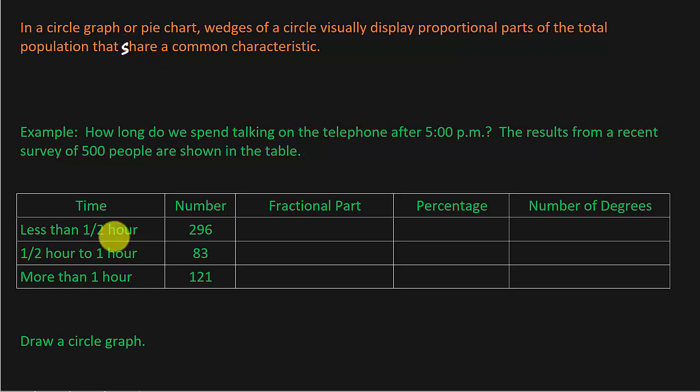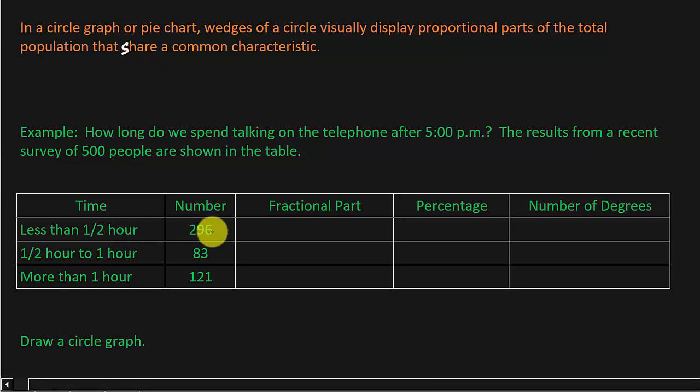So less than half an hour is 296 people. Half hour to an hour, 83 people, and more than 1 hour, 121 people. And you will notice that these numbers total up to the 500. So these represent the number of people.